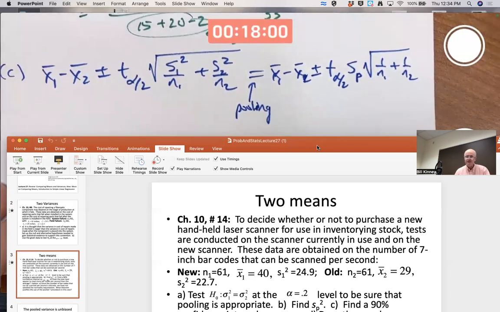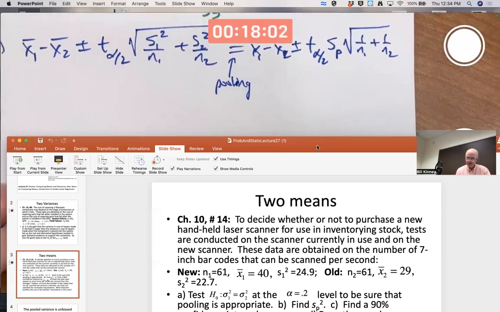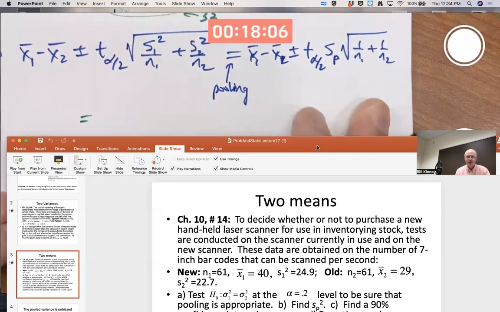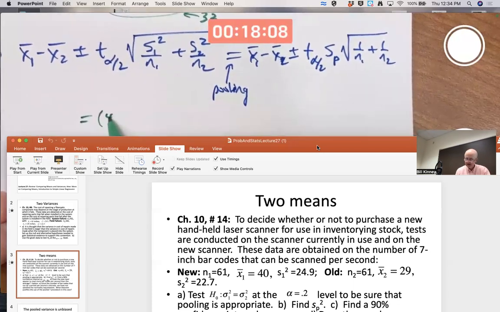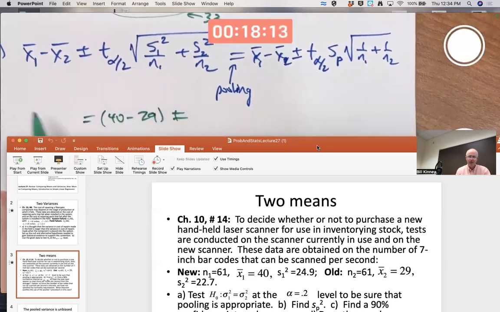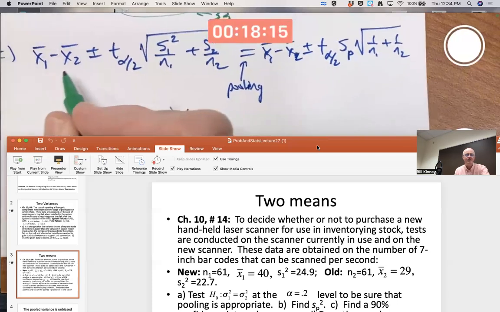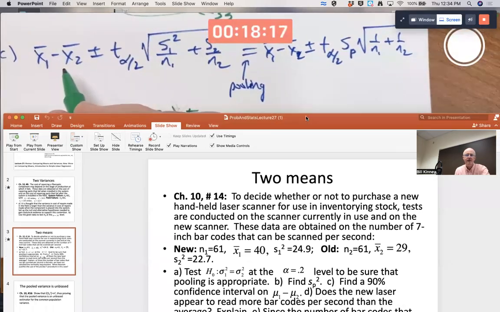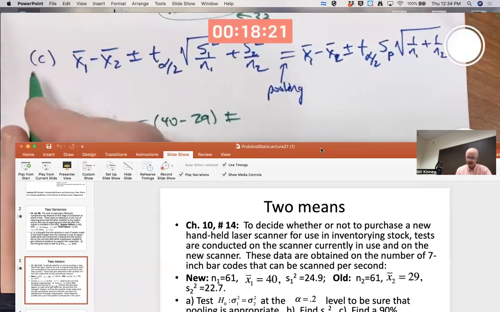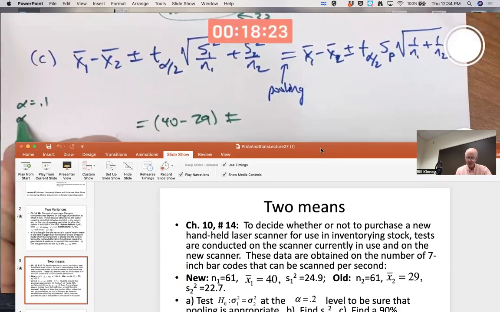Now plug in the numbers. x1 bar is 40, x2 bar is 29. 40 minus 29. Plus or minus, what's alpha in this problem? Alpha for a 90% confidence interval, that's what we're after, is 0.1. Alpha is 0.1, so alpha over 2 is 0.05.